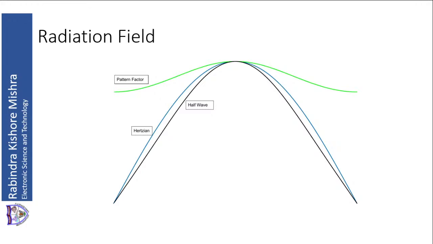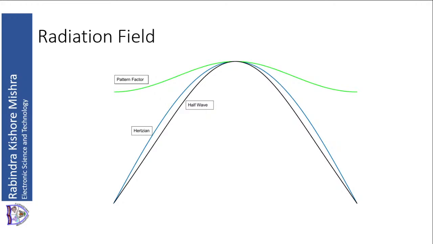As we have seen, E theta is capital F theta, which is G theta times small f theta. G theta we have seen is sine theta. Therefore, this sine theta variation is already embedded in this.